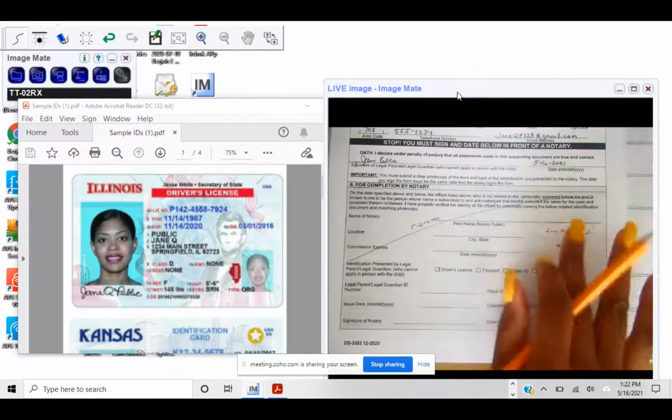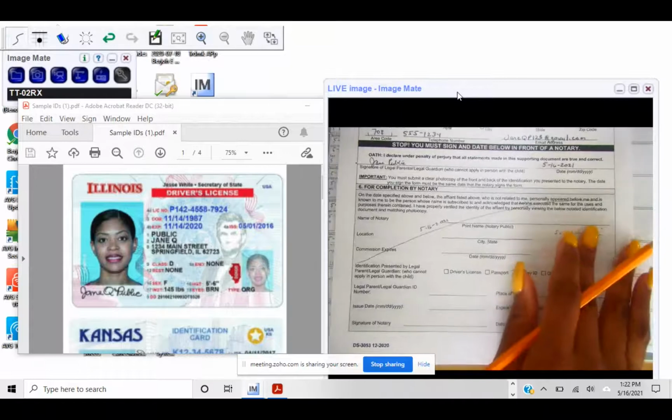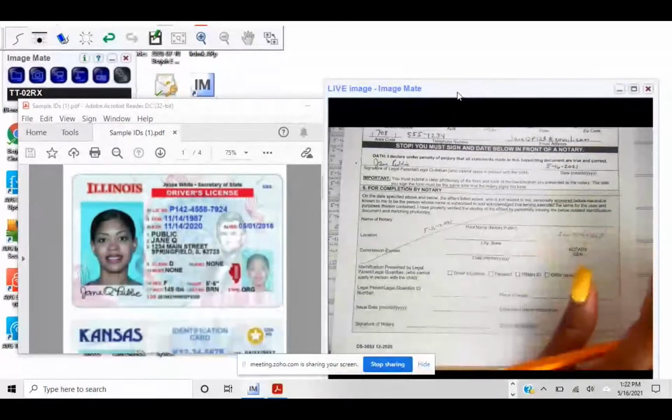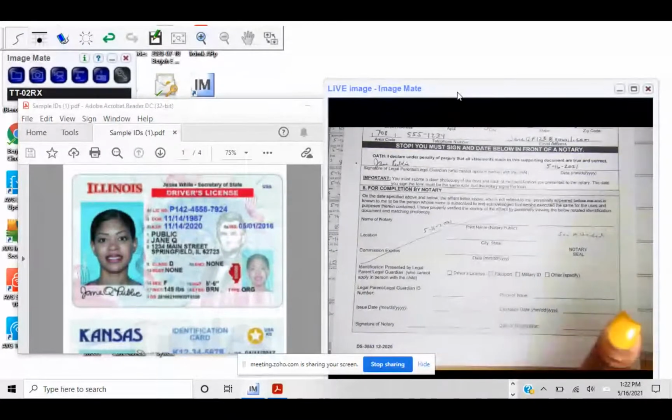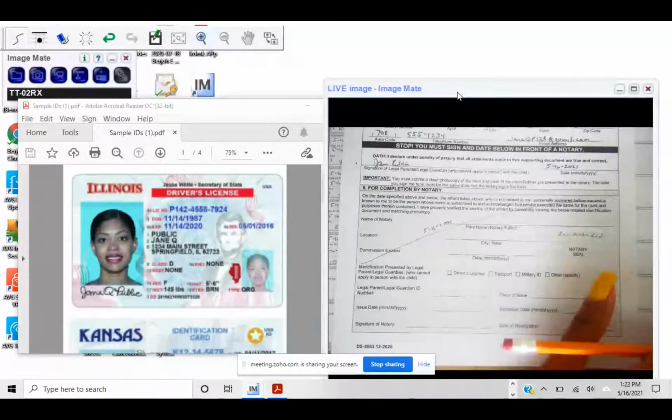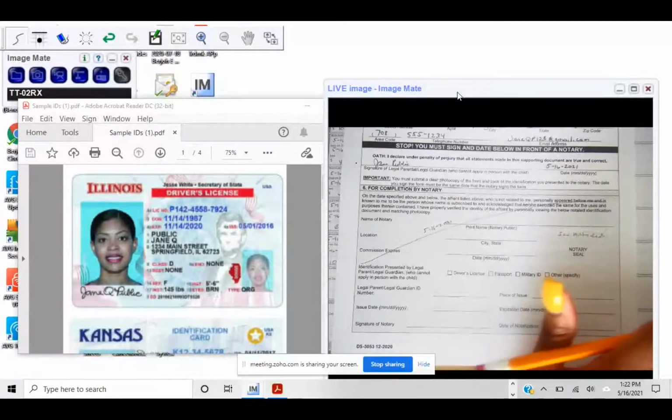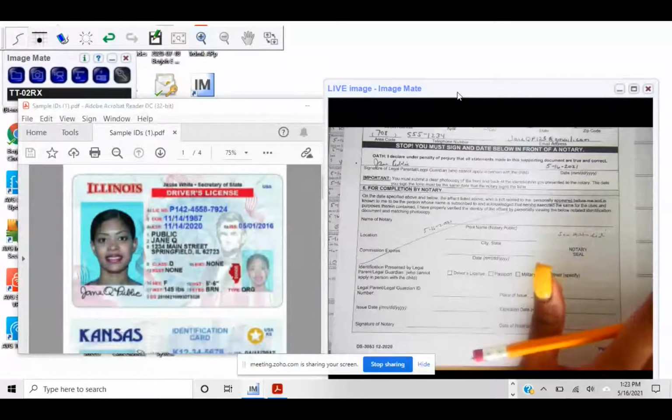You want to make sure of that because I had a real situation where a parent contacted me. He wanted to do an online notarization. He asked how that works, so I explained it to him because I'm an online notary as well. He said he wanted to apply for a passport for the child, but the mother was in another state, but he had the mother's ID.